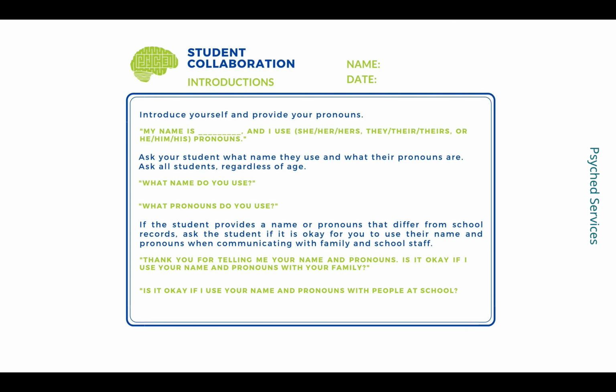Here's an example of something that we did as we were making really accessible resources for our staff. When we first started making sure that we asked about gender and pronouns, I guess not gender and pronouns, when working with our students, we created this really simple script for our psychologists and BCBAs.